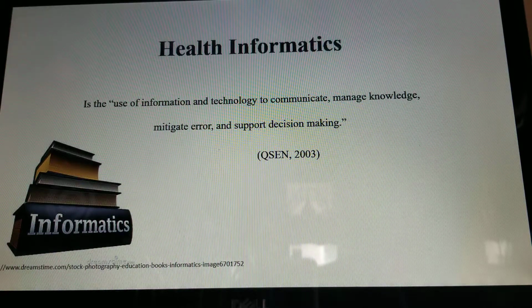Health informatics. According to QSEN, health informatics is the use of information and technology to communicate, manage knowledge, mitigate error, and support the decision-making process.